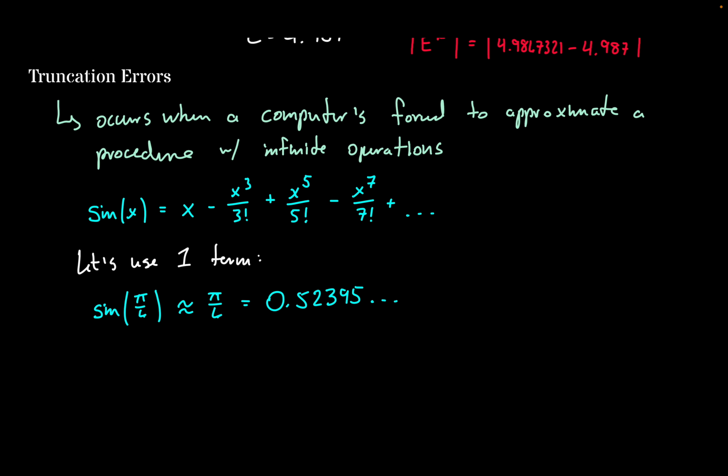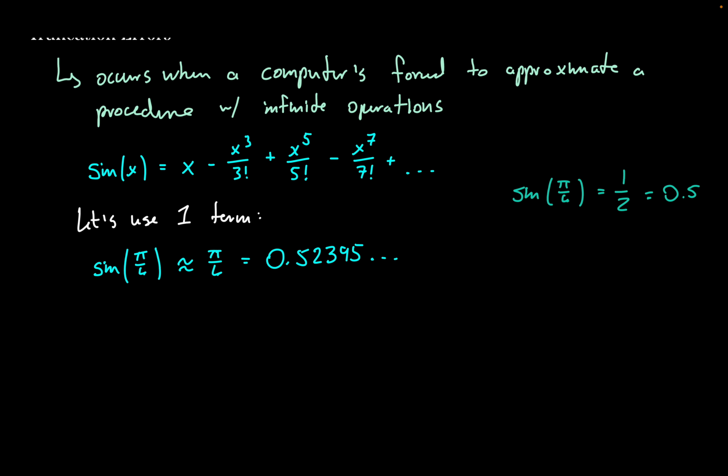Now, we know from our trigonometry that sine of pi over 6, its true value, is going to be 1/2, or 0.5. So we can tell that this 0.52395 dot, dot, dot, there is some error with this inherently because it's not accurate. Like it's not our actual true value.